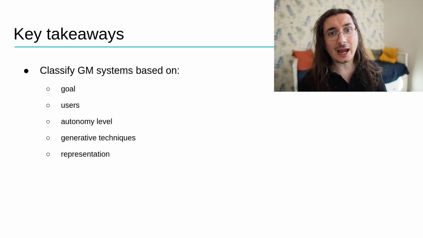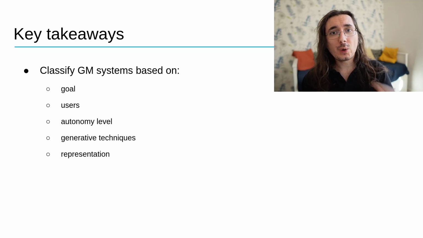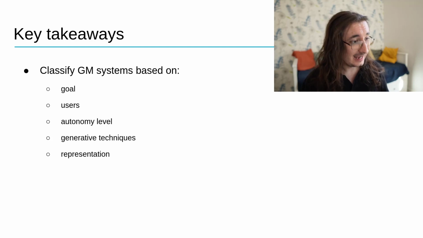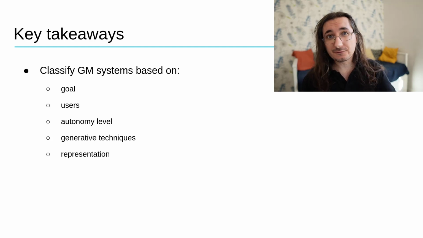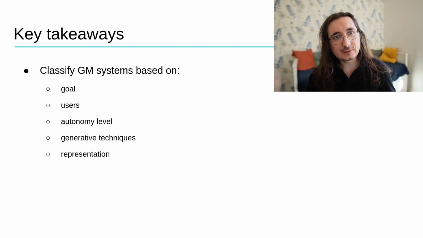Okay folks, we are at the end of today's video, and before I dash off, I just want to remind you about the main points that we covered. First of all, I provided you with a system to classify generative music systems, and this is based on 5 different questions you can ask to pinpoint a generative music system.